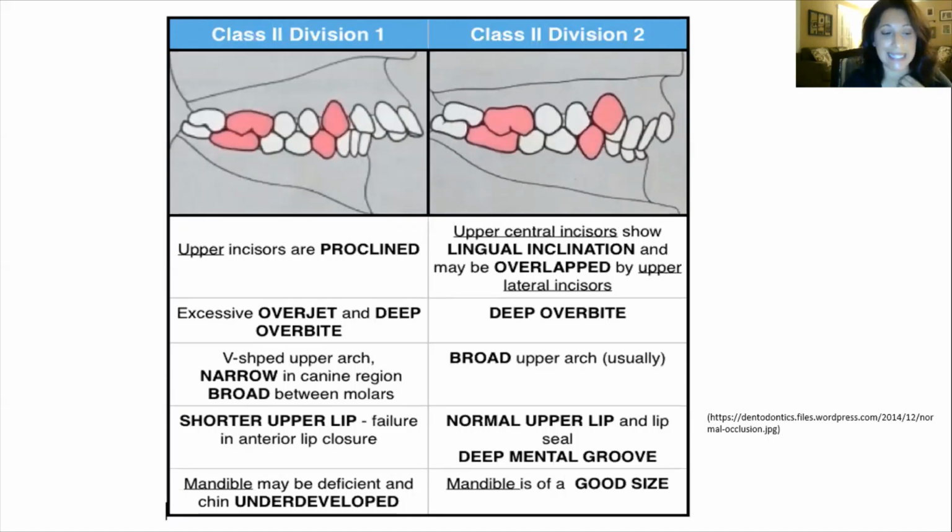It creates this crater kind of look. And you see it in the posterior. A lot of times they're really sensitive because the enamel has worn so much in those areas that the dentin is showing through. And we all know that dentin is very sensitive.